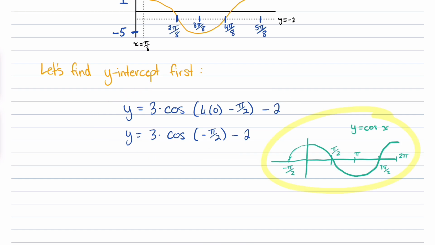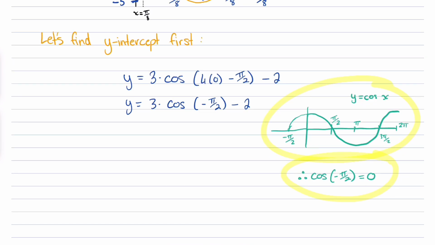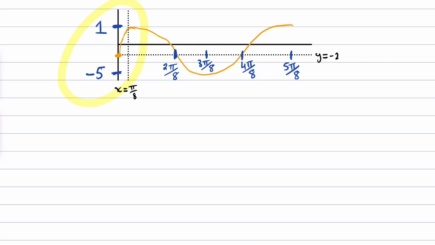So using a bit of unit circle analysis, or because it's a multiple of pi on 2, I like to just think of it as looking at a cos graph. Going backwards, we can see that at negative pi on 2, cos is equal to 0. So that means that when we substitute that in, the y-intercept is going to be -2. Therefore, y-intercept at y equals -2. Obviously, this graph is not to scale.